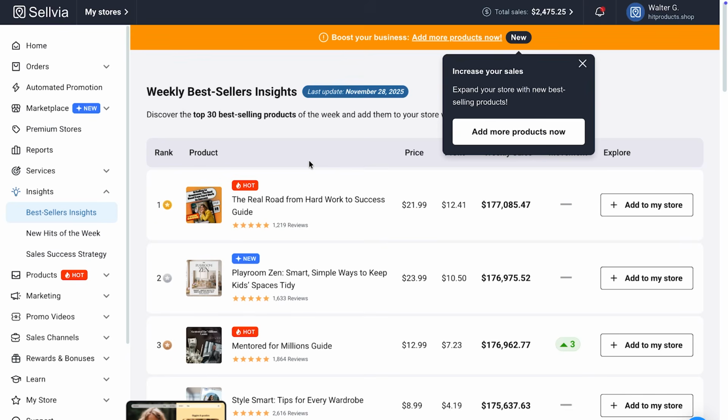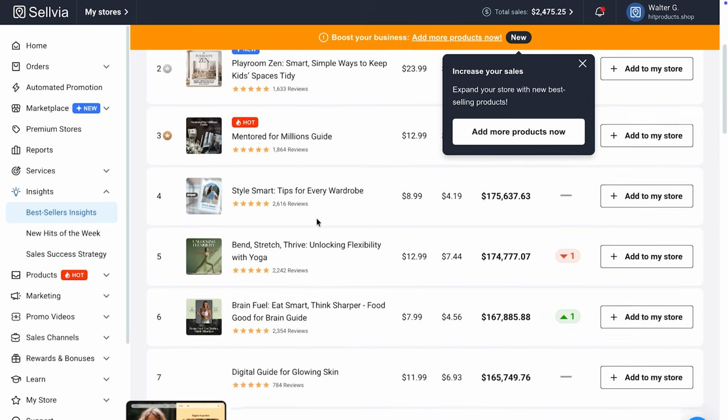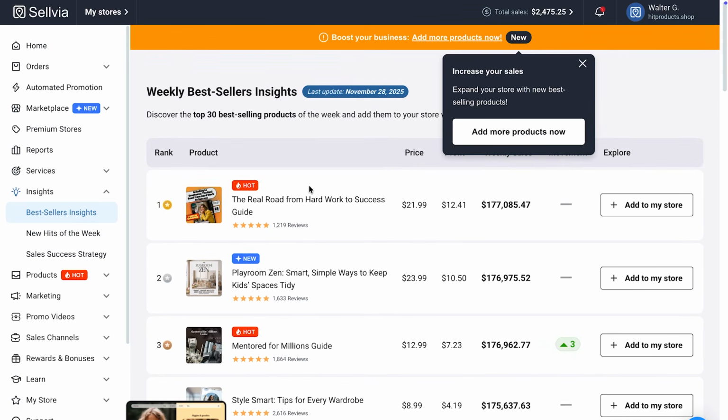But they also use that information to give us insights, for example bestseller insights. This is the absolute top performing items, period, the things that are consistently selling big.